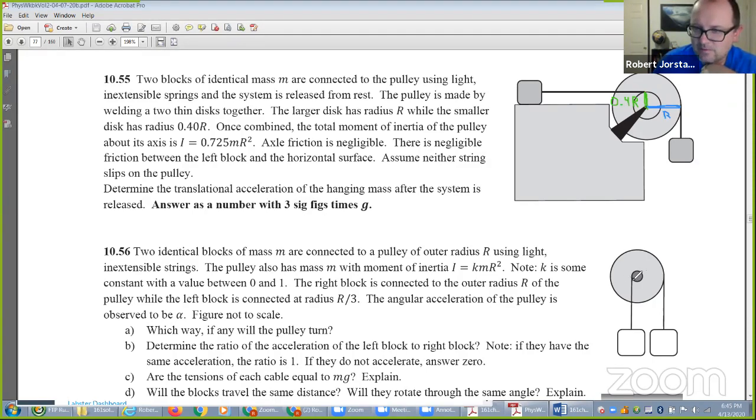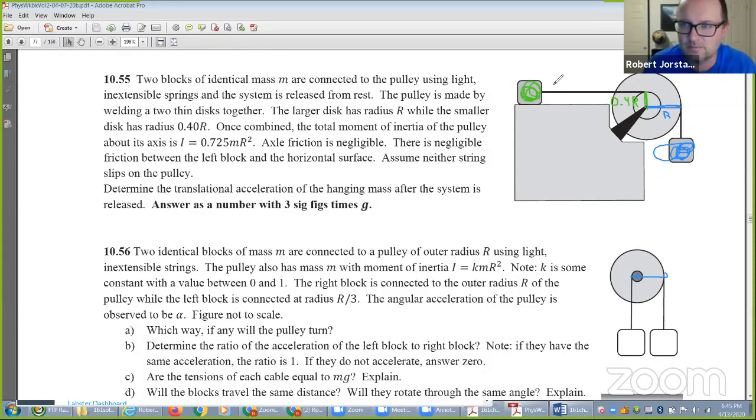Same thing in this problem. You have a different radius for each of these. One of them is a small radius, and one of them is bigger. When you get these types of problems, this is what I want you to remember, people. They have the same rotational states. They have the same omega, they have the same theta, they have the same alpha. That is the same whether you're talking about the blue block or the green block, okay? The blue block and the green block will relate to omega and alpha just fine, but they use different radii.